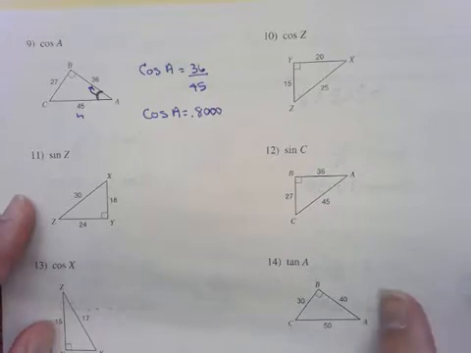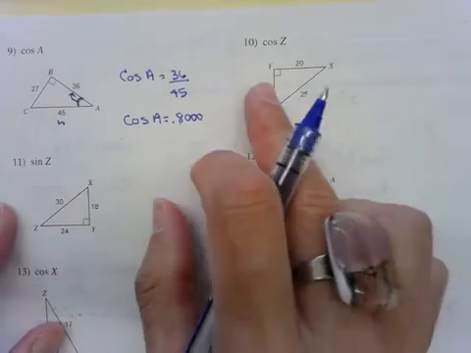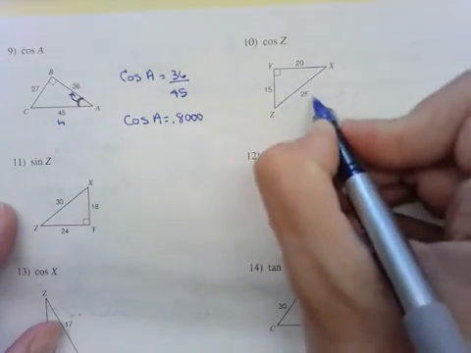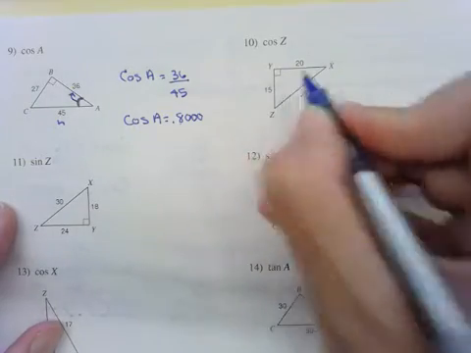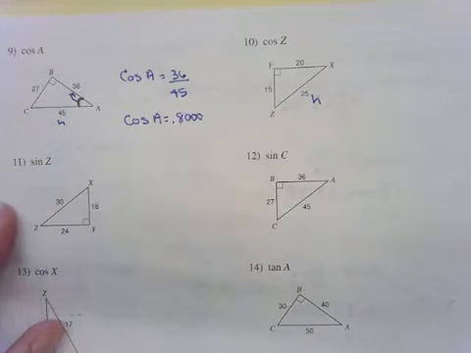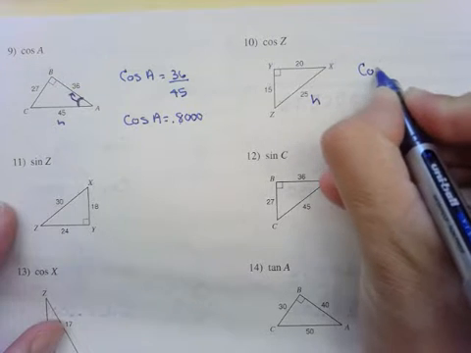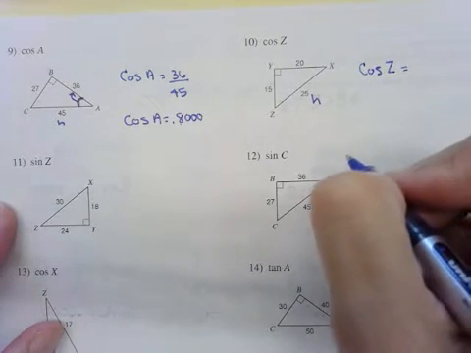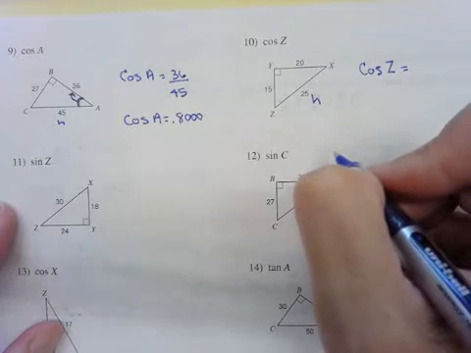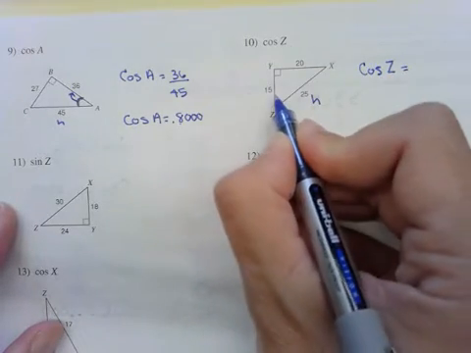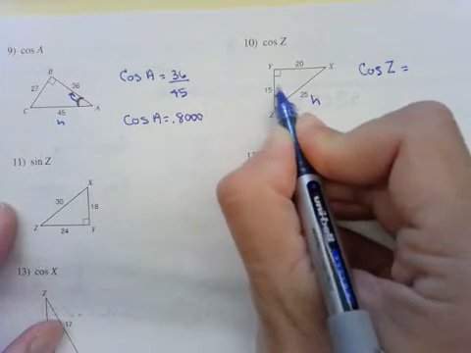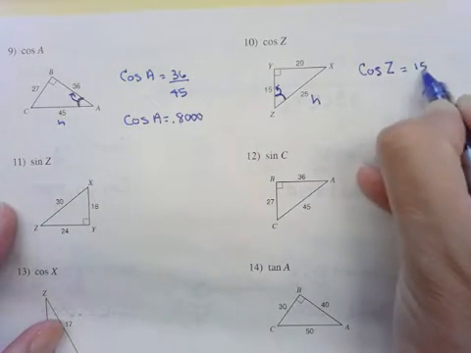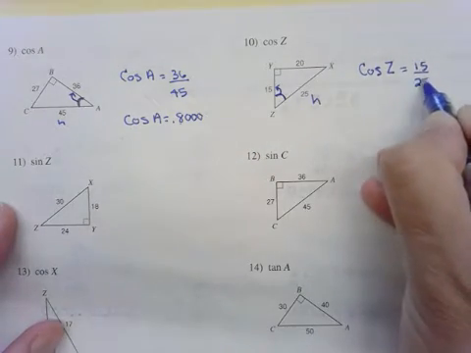All right, and now number 10 is kind of the same thing, right? The orientation is off, so I want to identify my hypotenuse. It's the side opposite the right angle. So the cosine of Z equals, what is cosine again? Adjacent leg over hypotenuse. So Z is here, adjacent leg is 15, over hypotenuse is 25.